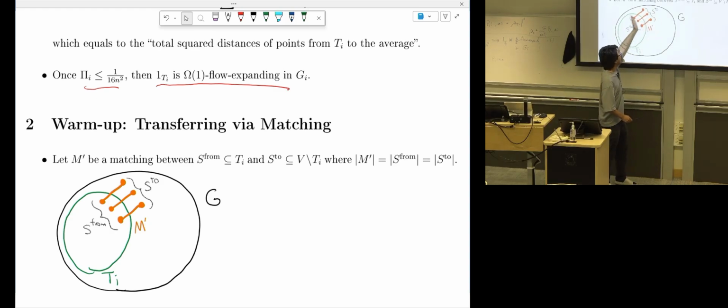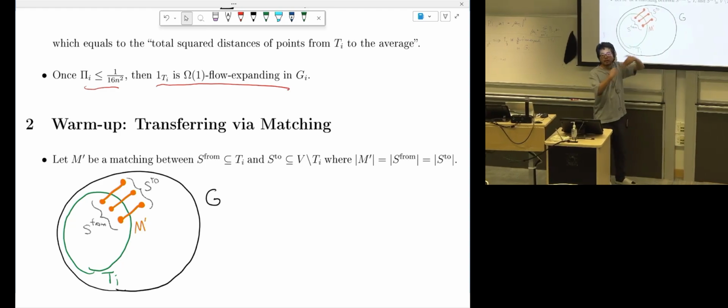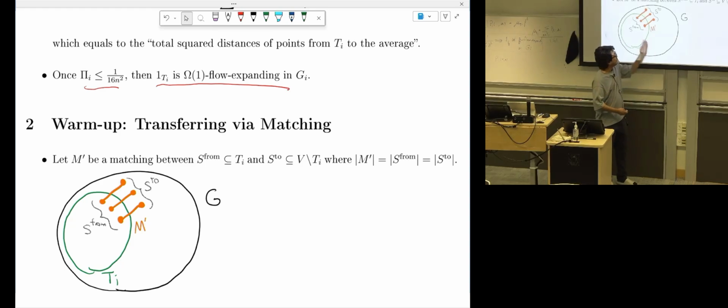So I match active guys to inactive guys. The part that is matched and active, I call S from, and the other side is S2. We match S from to S2. S from is in Ti, S2 is not.